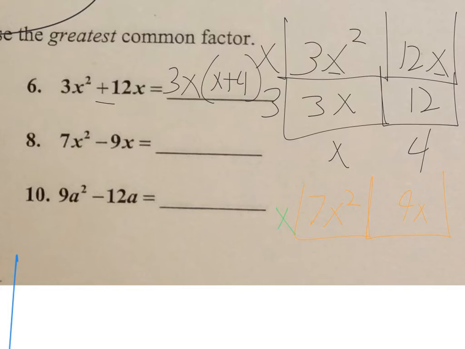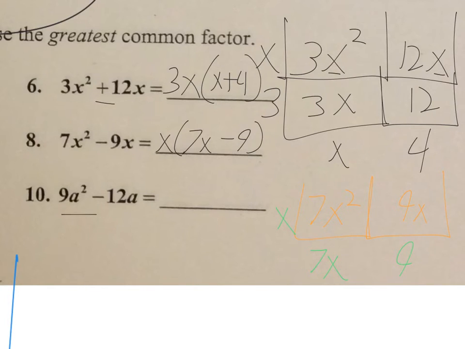Yeah, it looks to be working a little better. 7x squared divided by x is going to be 7x, and 9x divided by x is going to be 9. 7 and 9 can't be divided by anything else because 7 is a prime number. So my answer just becomes x times 7x minus 9.